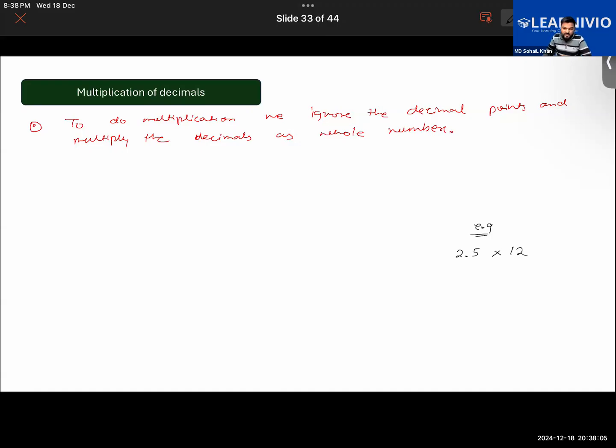So by the first rule, what is the first rule saying? You have to ignore the decimal point here, ignore that there's a decimal point between 2 and 5. So by the first step, let's consider them as normal whole numbers. Whole numbers, you understand now?